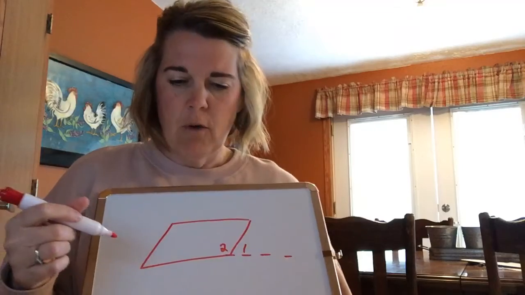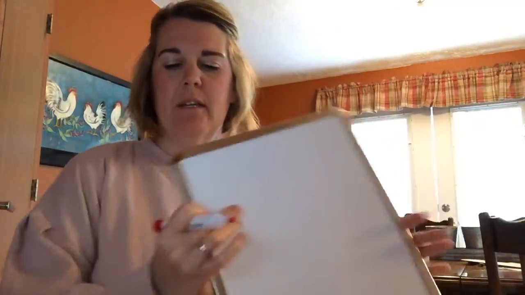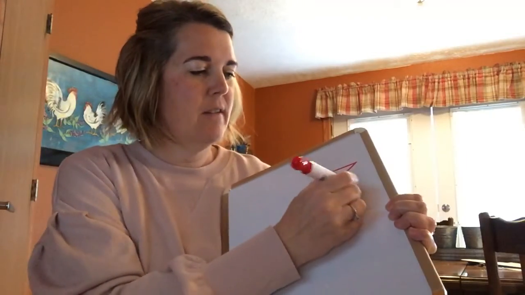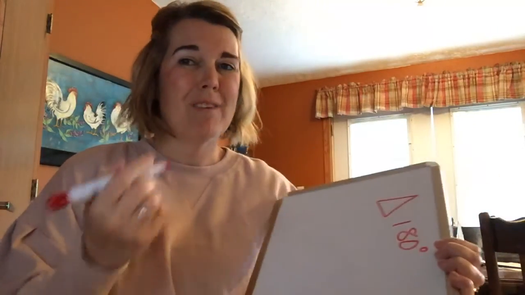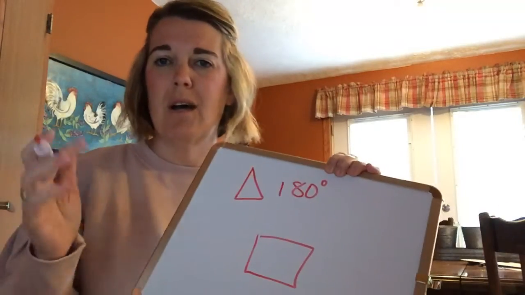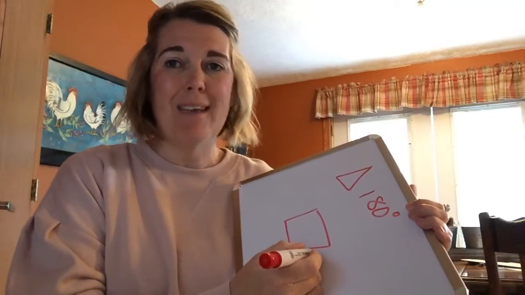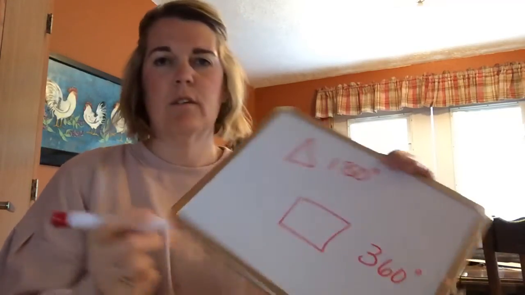Okay, so the lesson today is just telling us that the sum of the interior angles of a triangle is 180 degrees. And the sum of the interior angles of a quadrilateral, any four-sided shape, it doesn't matter what quadrilateral it is, measures 360 degrees.